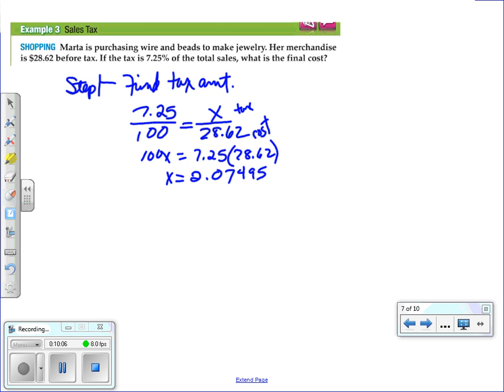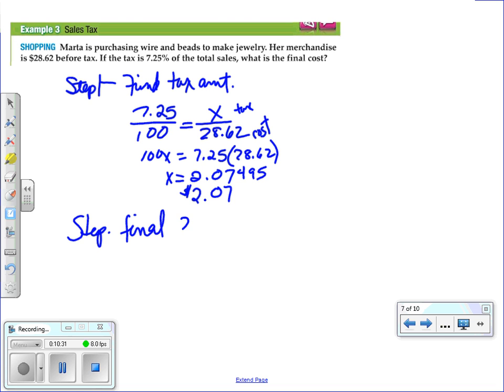All right. So we know that that's the cost of the tax. Or let's just round that to $2.07. All right. So that's step one. Then step two, what does that make the final price of the sale?